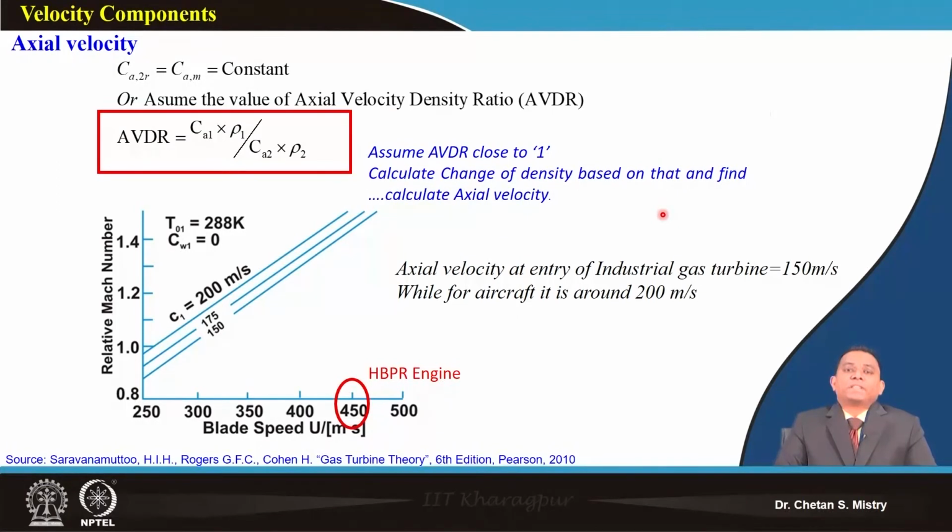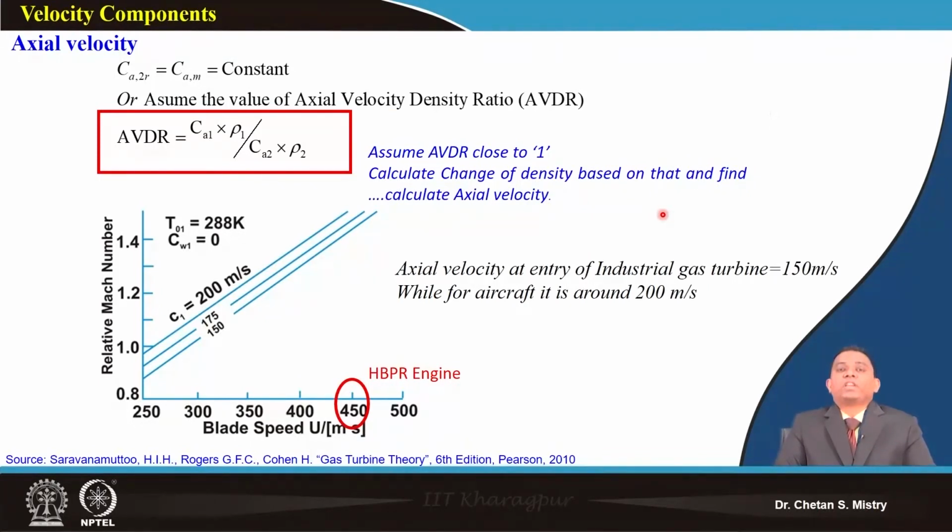In some designs, rather than selecting axial velocity alone, people select the axial velocity density ratio. That is the ratio of entry axial velocity and entry density to exit axial velocity and exit density.